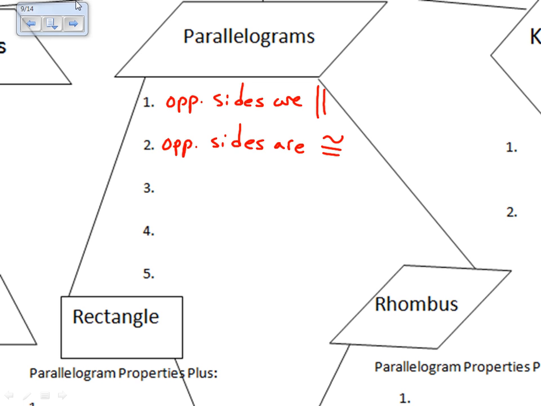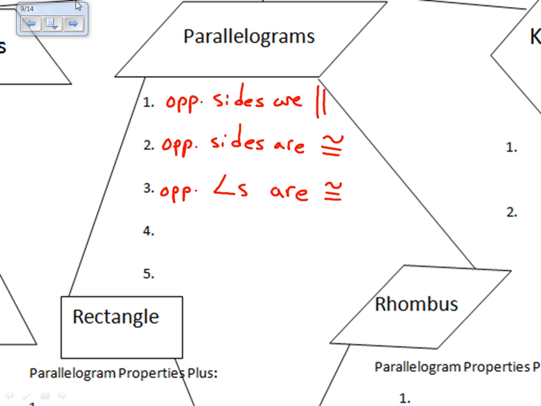Who's got property number 3 for me? Come on, y'all. Mochi. Opposite angles are congruent. Very good. So that's my little symbol for angles. Opposite angles are congruent.